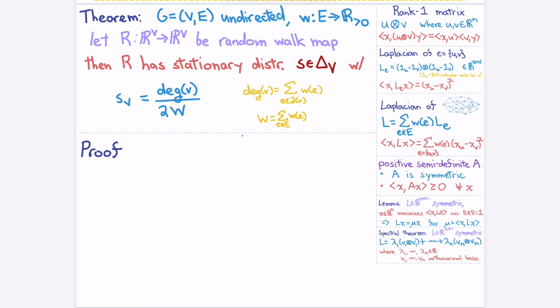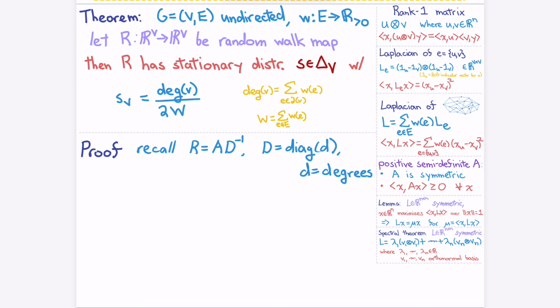Here in this notation, W is the sum of all the edge weights. So if you want to take the thing proportional to degrees and normalize it, you have to divide by 2 times the total edge weight, because the degree counts every edge twice. Proving this is not going to be too complex.